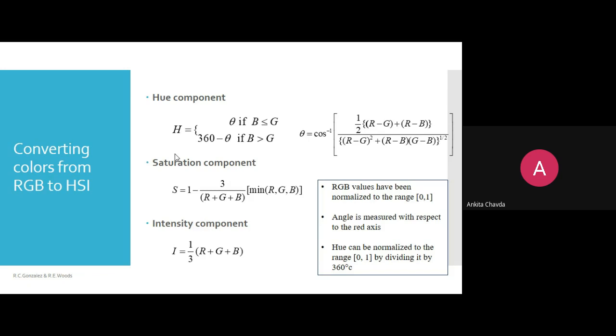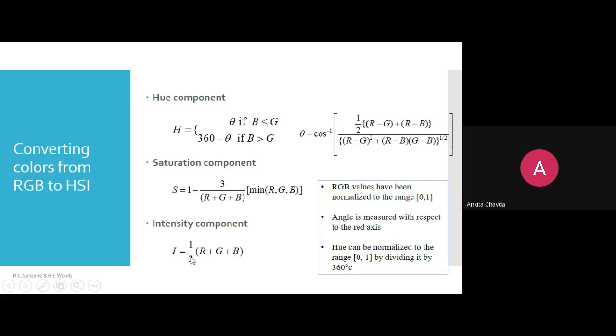Here all the RGB values are normalized values in the range 0 to 1 only. Even in MATLAB, the values of RGB would be between 0 and 1 only, right? If we change it to 0.004 something, then some color will be there and so on. Okay, so this is the normalized value.